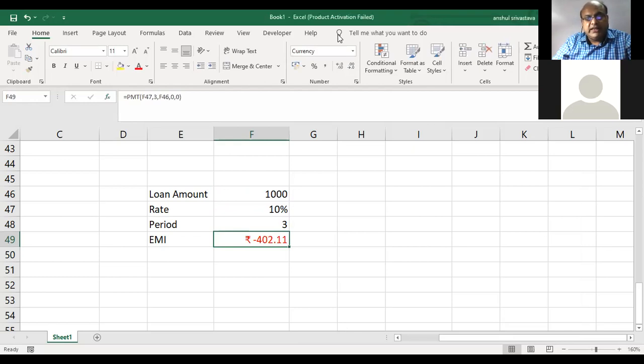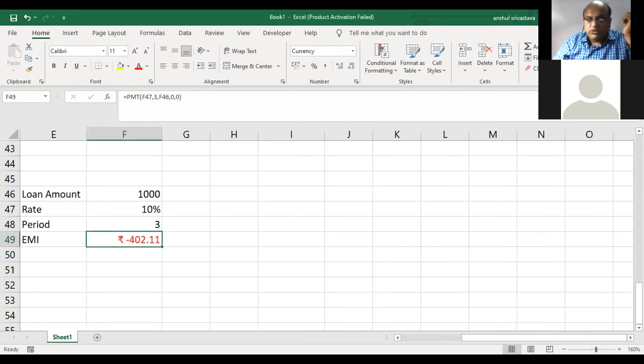What we are getting, the EMI or EYI, is 402.11. 402.11 is the installment. So this is clear, the PMT function. The major use of the PMT function is to calculate the EMI or to calculate the monthly saving required to achieve a financial goal.